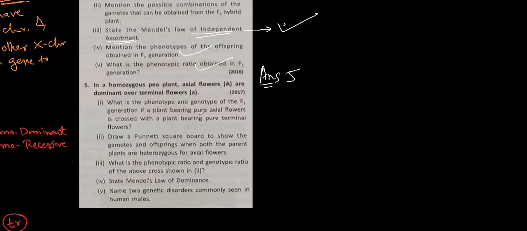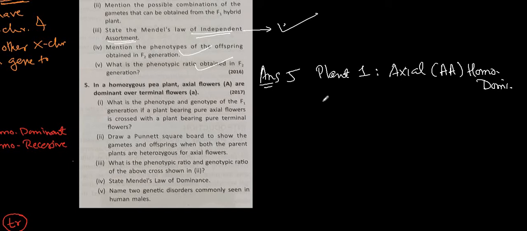So answer 5. Homozygous pea plant, flower axial position. So here plant 1, position of the flower axial, capital A, homozygous dominant, and here plant 2, terminal position, small a, homozygous recessive.